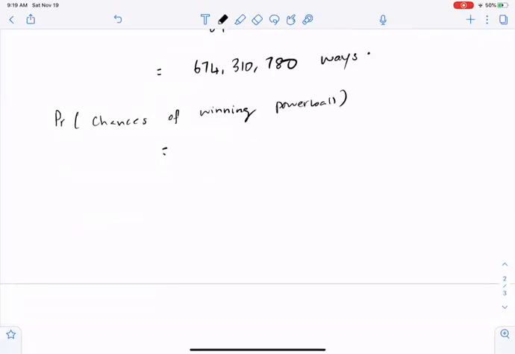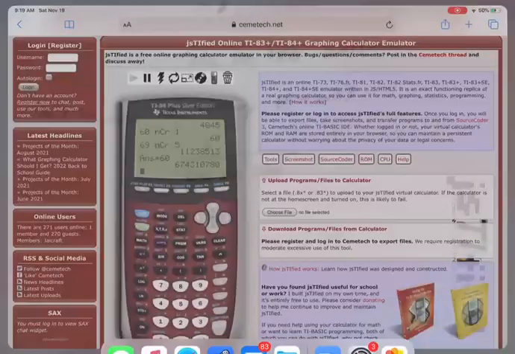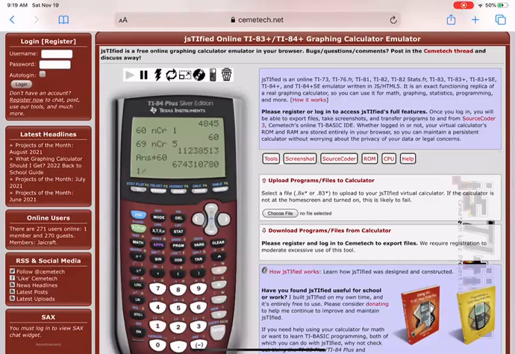So you choose one ticket out of all possible values that you have. That is the probability of you winning a Powerball.